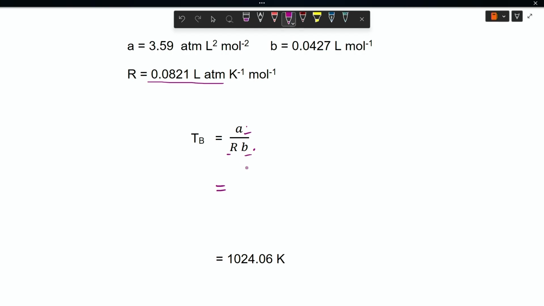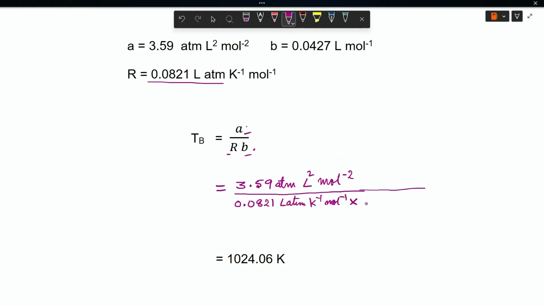So, I can take A is equal to 3.59 atmosphere liter square mole raised to minus 2, whole divided by R, which is 0.0821 liter atmosphere per Kelvin per mole, multiplied by B, 0.0427 liter per mole.